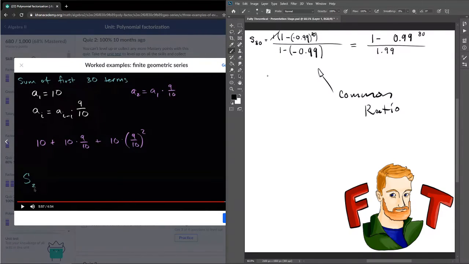So he took the formula being, it looks like S sub n equals 1 times, we'll call this r, r to the n over r.